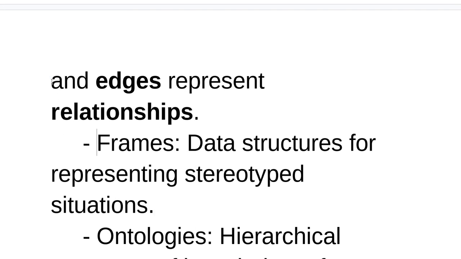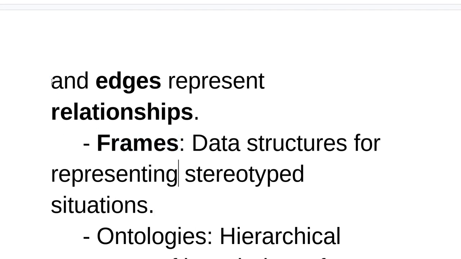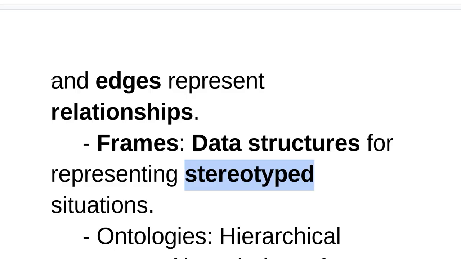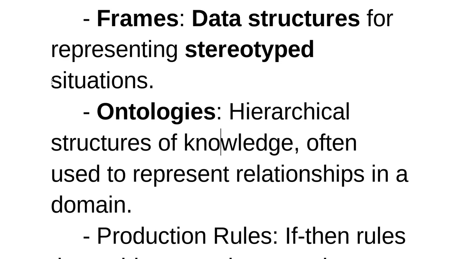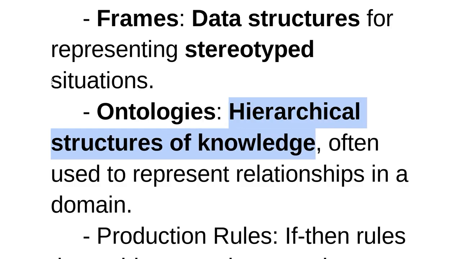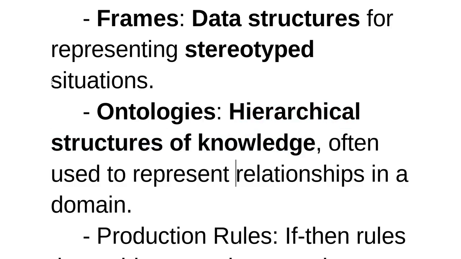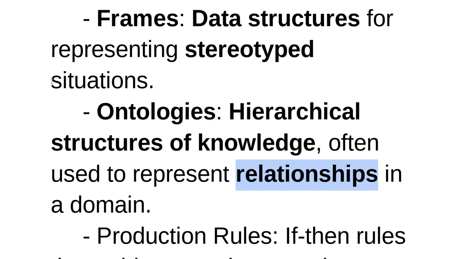Then there are frames. These are data structures for representing stereotyped situations. Then there are ontologies. These are hierarchical structures of knowledge, often used to represent relationships in a domain.